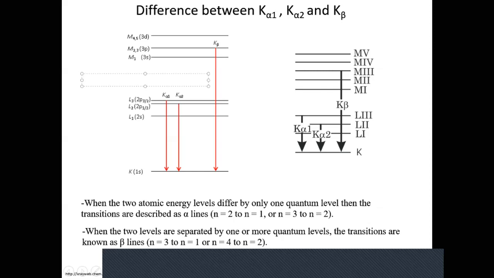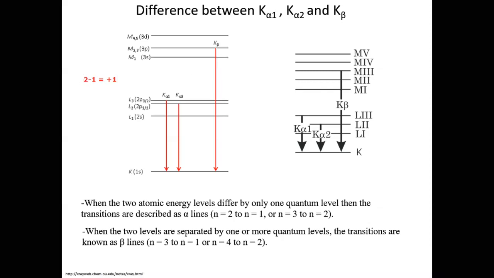So those are allowed, and they're called alpha transitions. Notice that, for example, the 2s to 1s, I believe, is a forbidden transition. But you'll learn about these when you take inorganic chemistry.